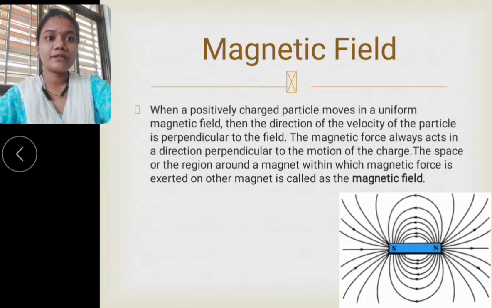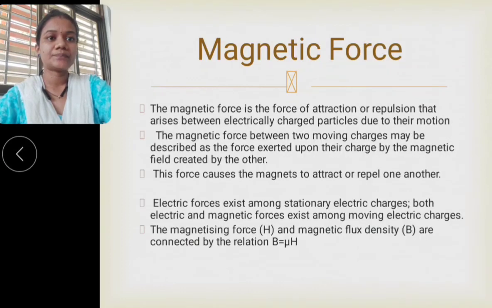So what is meant by magnetic field? It is the space or region around the magnet within which magnetic force is exerted on another magnet. Magnetic force is the force of attraction or repulsion that arises between electrically charged particles due to their motion.